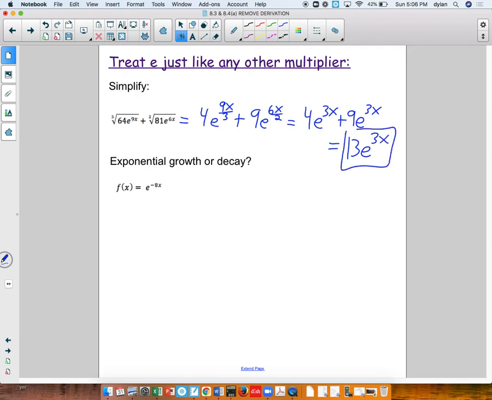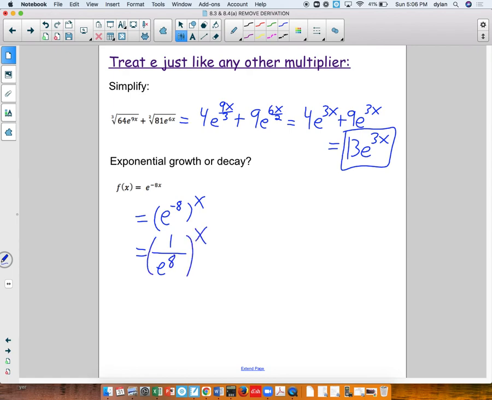So we can simplify, thinking of e as a base that's common, just like any other two common bases. Also, we can think about whether something with e in it represents exponential growth or decay. So for example, if we had e to the x, that would obviously be exponential growth because e is greater than 1. If I have e to the negative 8x, I could think about rewriting that as e to the negative 8th, to the x, which is the same thing as 1 over e to the 8th, to the x.